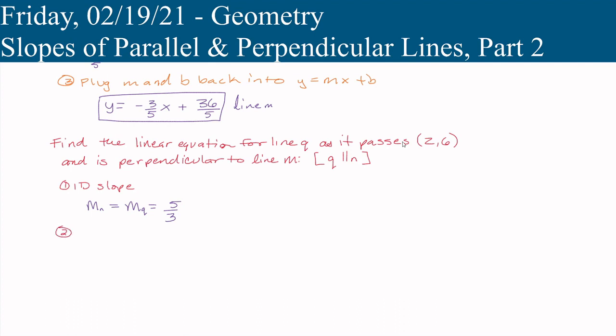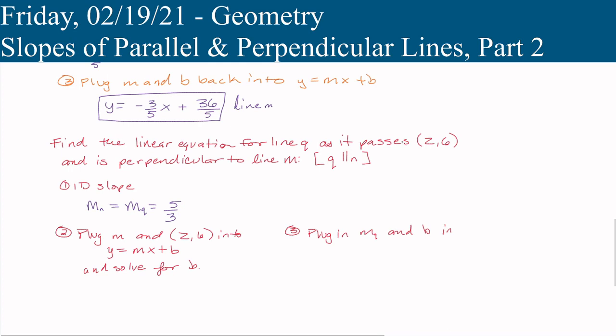Now, you guys have to plug your slope and your coordinate 2, 6 into y equals mx plus b and solve for b. When you're done with that, you plug in your m, which is your slope of Q in particular, and b back into y equals mx plus b.